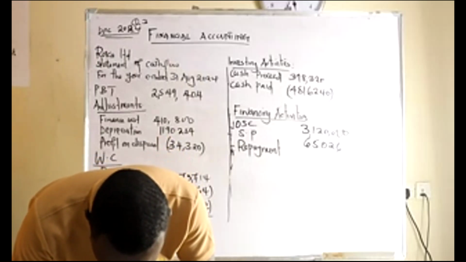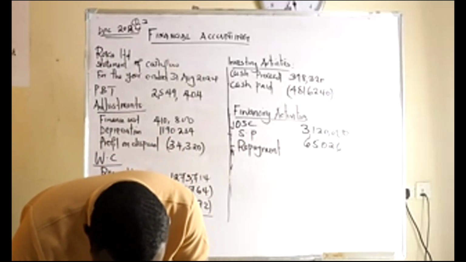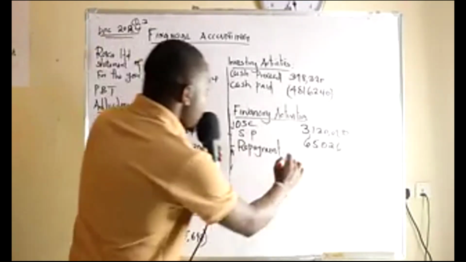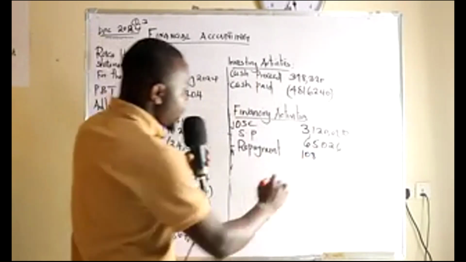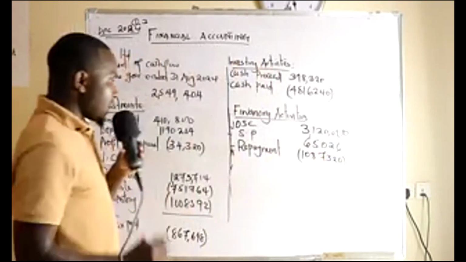We take 4,589,000 minus 3,501,680. So there's a repayment of 1,087,320. Don't forget it is a subtraction.